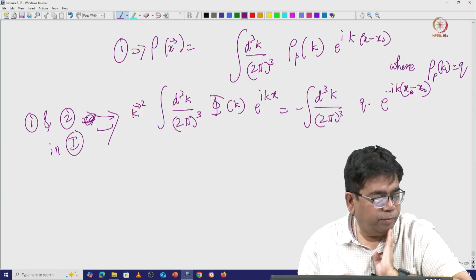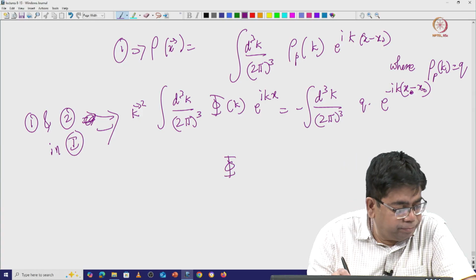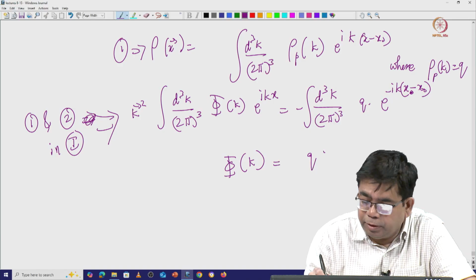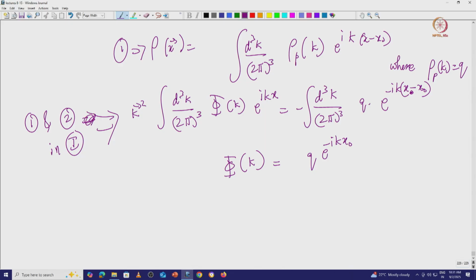Phi of k is equal to q e power minus i k x 0 by minus k square. So this is q by k square e power minus i k x 0.